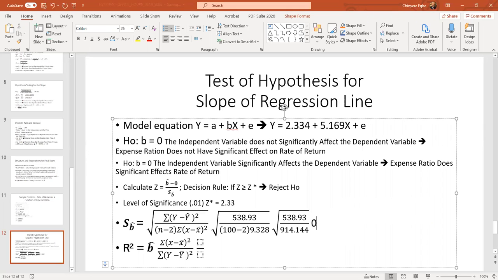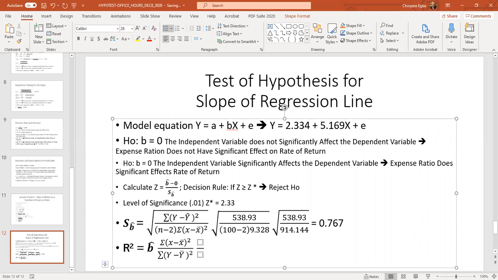Hold on, hold on. Take 538.93 divided by 914.144, right? Yes. What do you get?